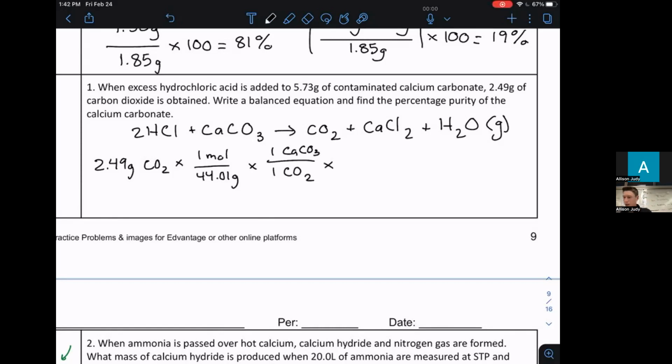And now we need to convert to grams of calcium carbonate so that we can analyze the percent purity. So I will do the calculation.